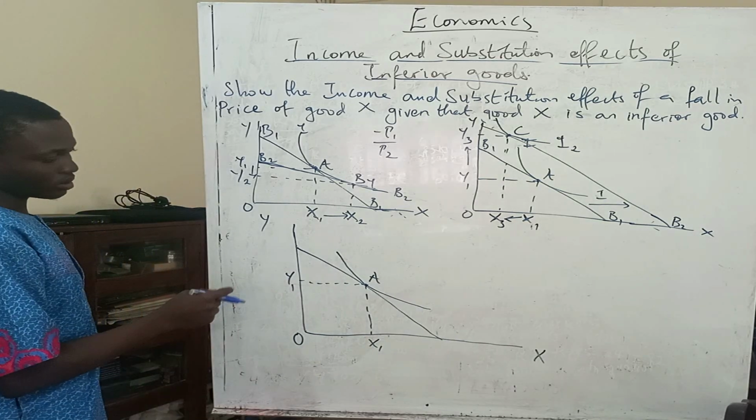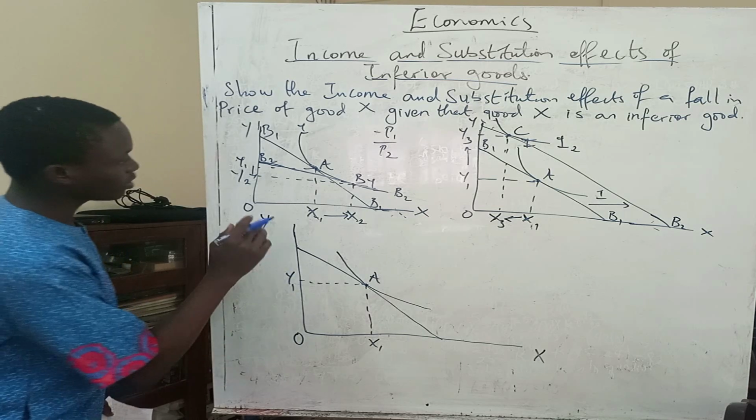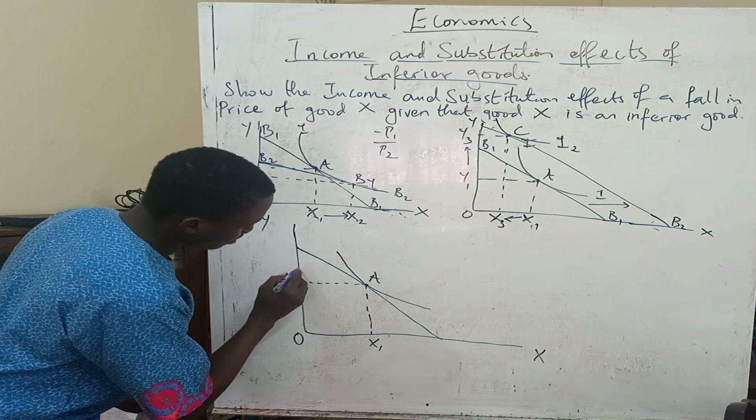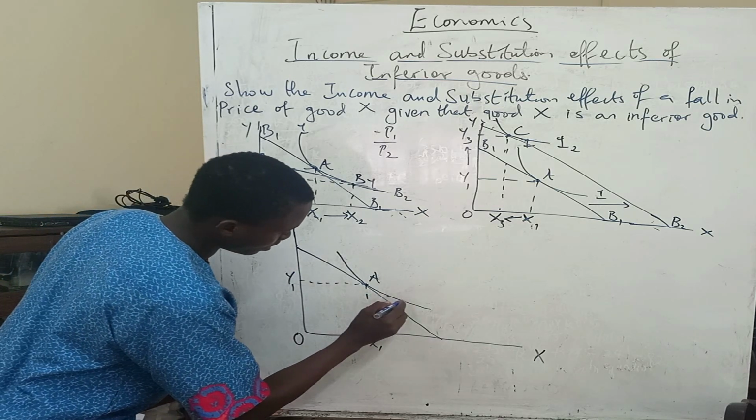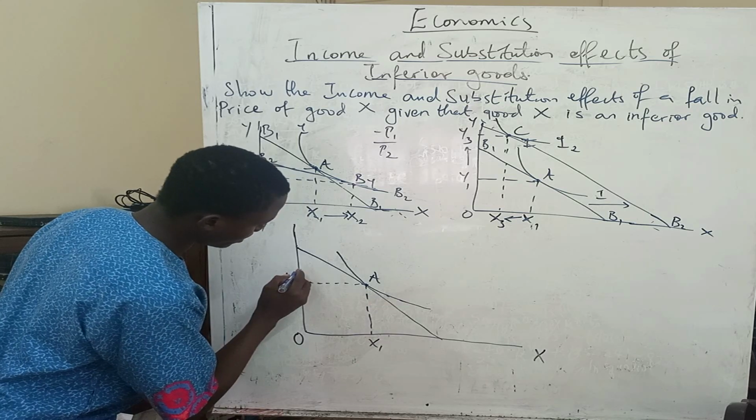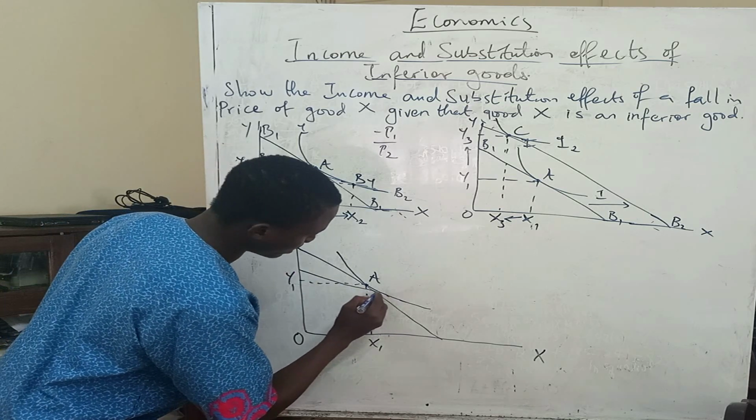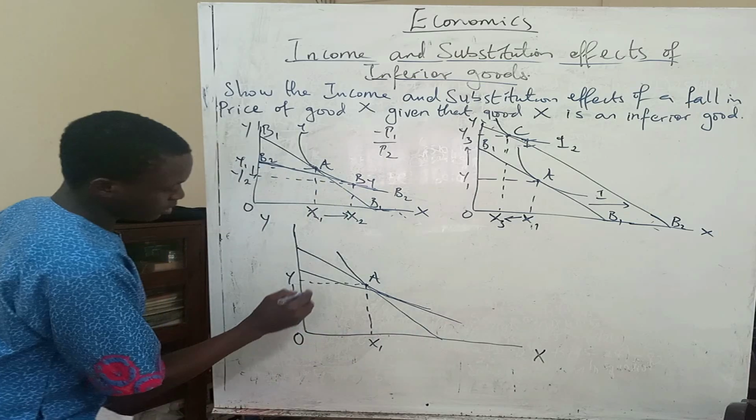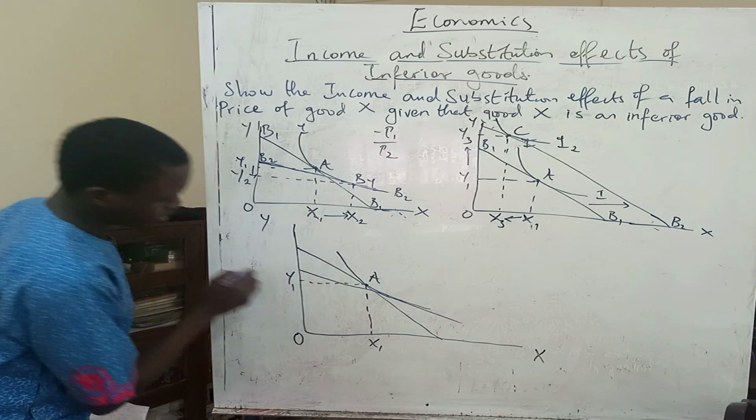So by the time we showed the substitution effect, we add a graph. Okay, let me try to make it tangential. These terms are not that easy to draw. Okay, should it be like that?